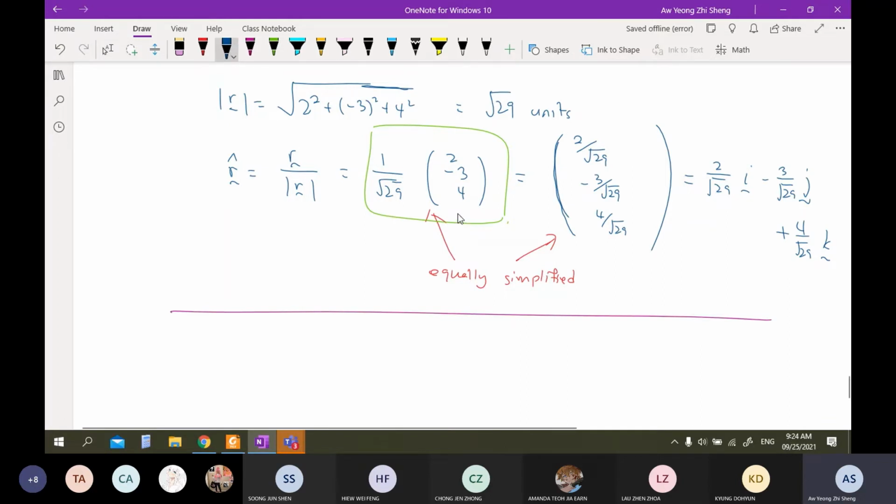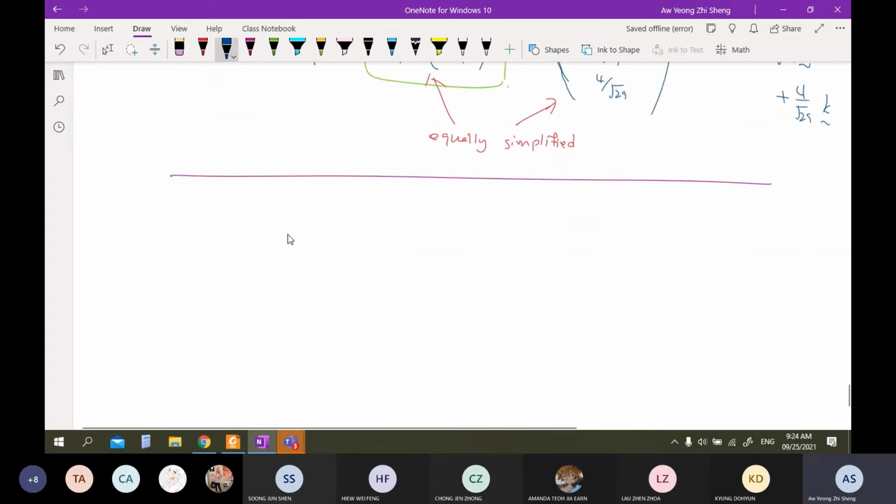So talking about simplified forms, if you are given a vector like this, let's say your final answer is 1 over 2 times (6, 8, 4). This one, you are expected to multiply your half inside, because after you multiply your half, all three numbers get simplified: (3, 4, 2).